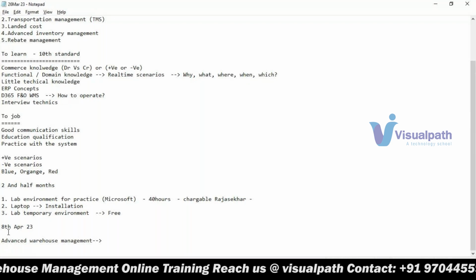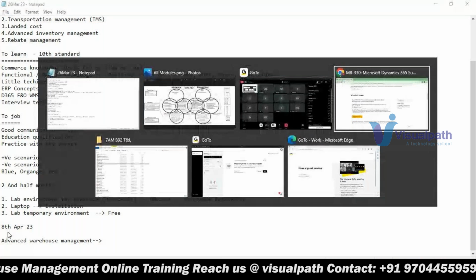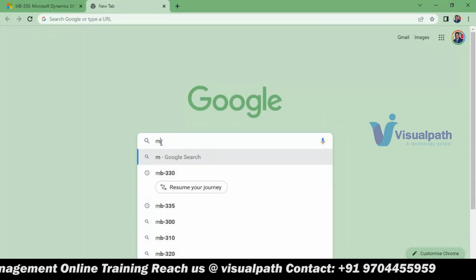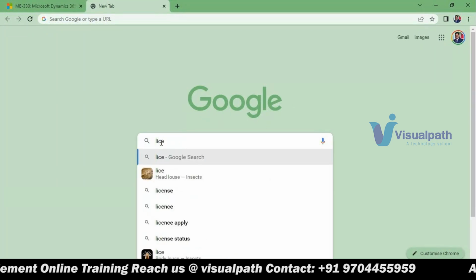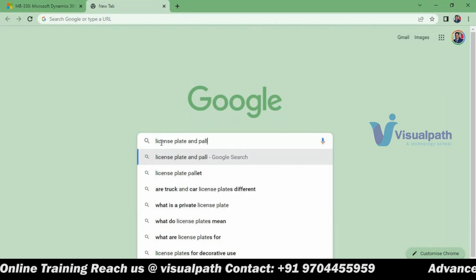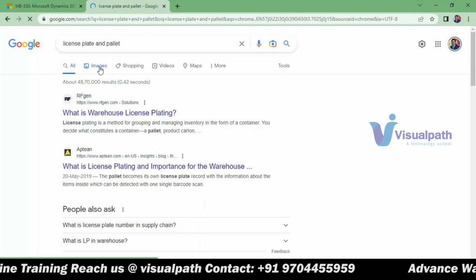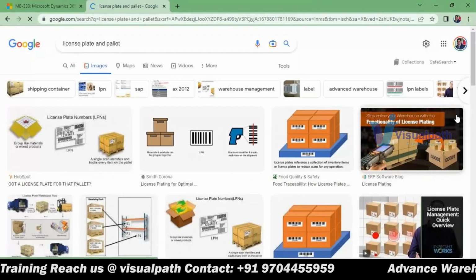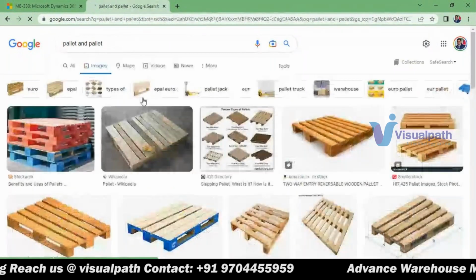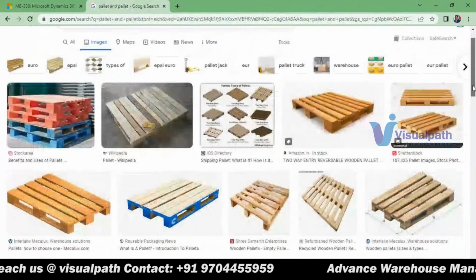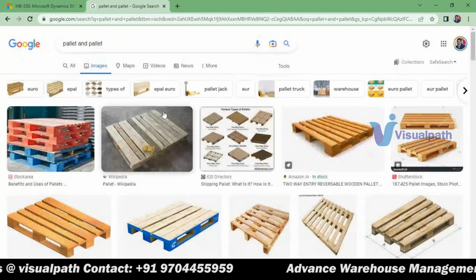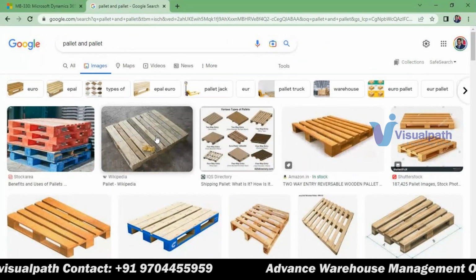In the advanced warehouse management, if you go here, take the example. This is a pallet, also called a license plate.